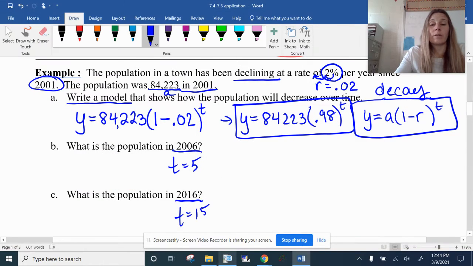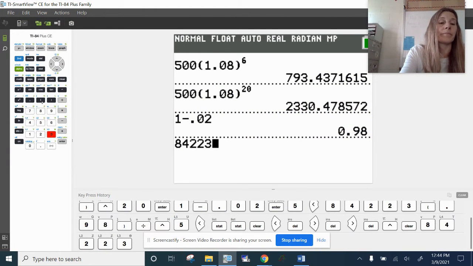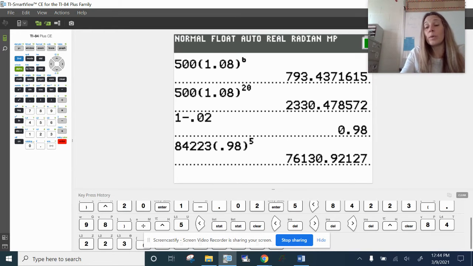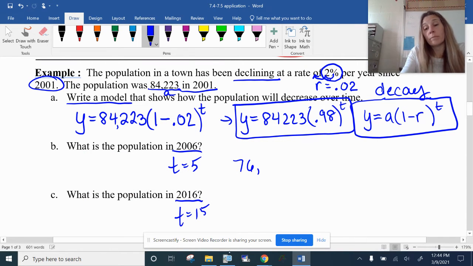Let's start over here. 84,223. Okay. All right, much better. So we would have 76,130.9. Now you can't have 0.9 of a person, and this is population, so I'm going to round that up to 76,131. And this would be people.